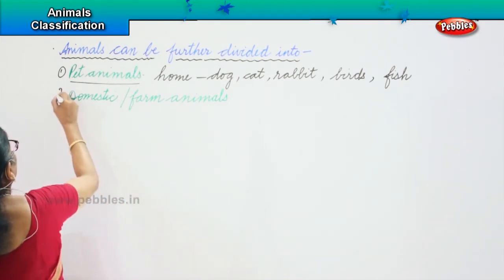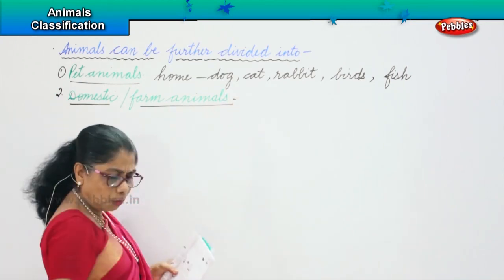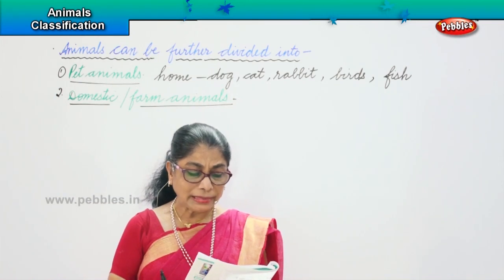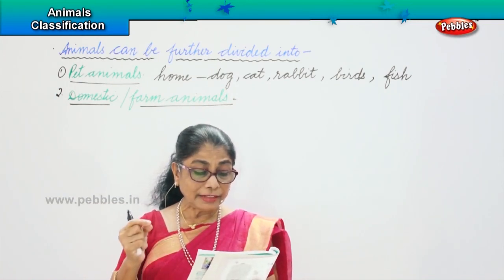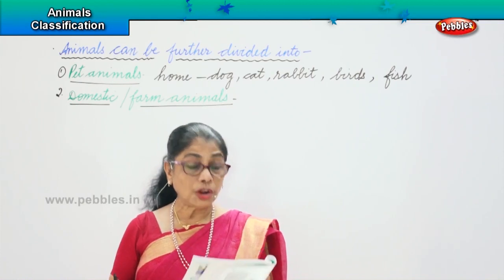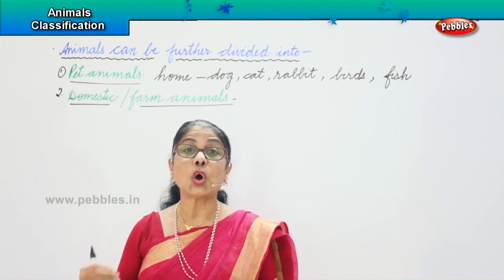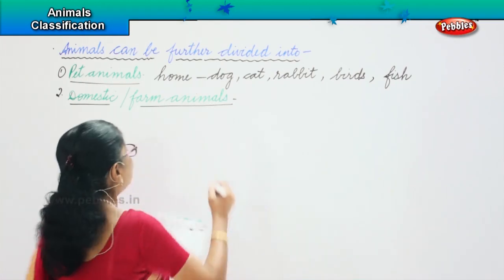So the second one, domestic, farm animal. Let's see, what are these domestic animals, farm animals? Domestic animals are the animals that are kept in the farms or factories. So these domestic animals or farm animals, they are kept for fur.